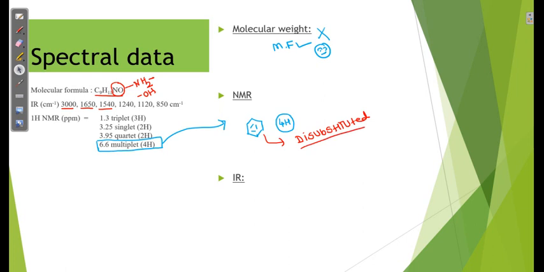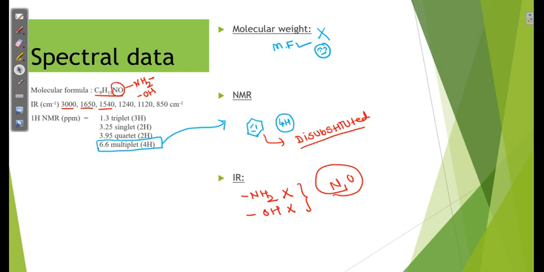Now from IR, there is no presence of NH2 and no presence of OH, even though we have nitrogen and oxygen. So we can come to a conclusion from that also.